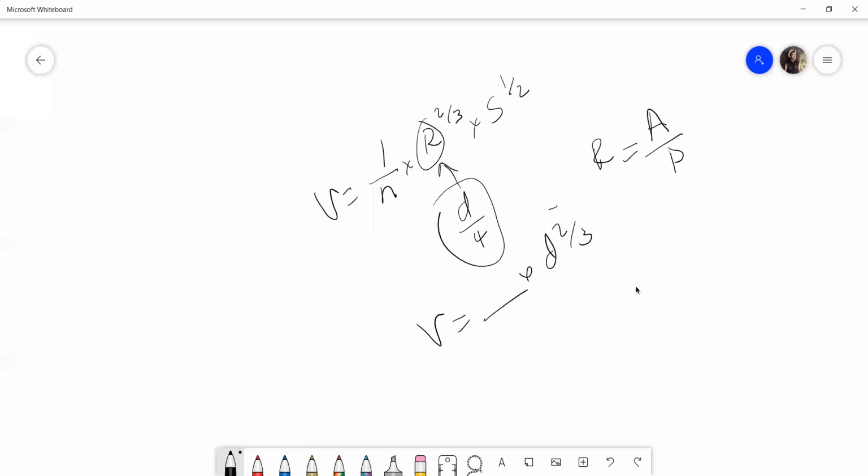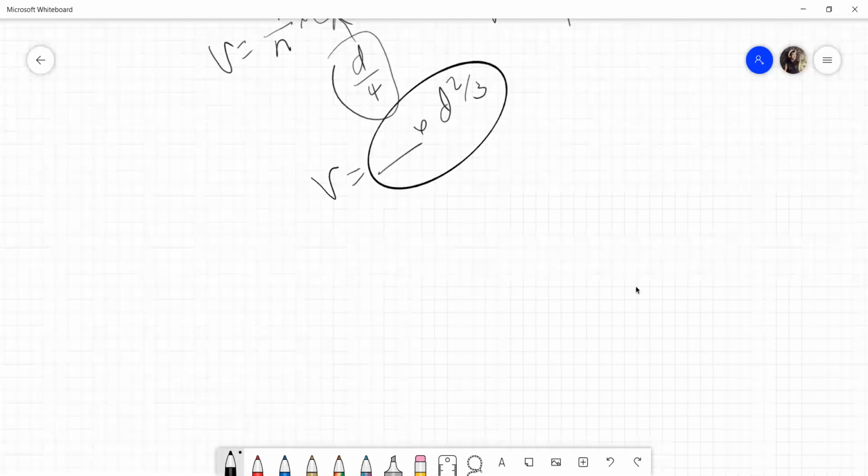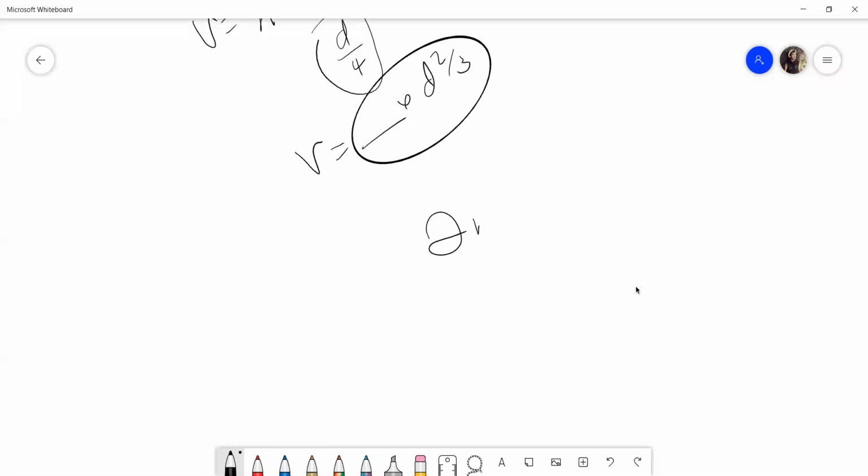So now, what value you will get here, you have to substitute in Q half full equal to V into half area.